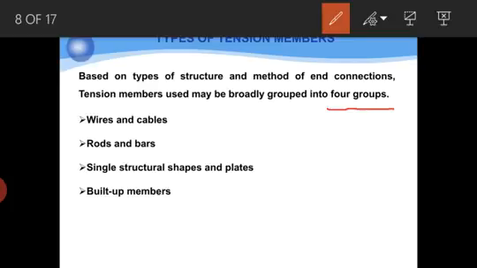Here wires and cables are used as tension members, rods and bars are used as tension members, single structural shapes and plates are used as tension members, and built up members are also used as tension members. So these are the varieties of sections which are used as tension members.